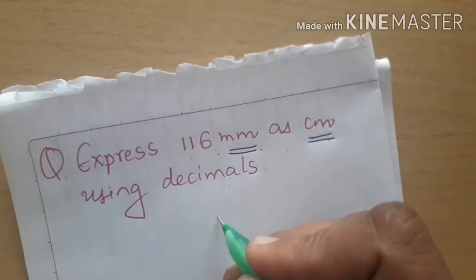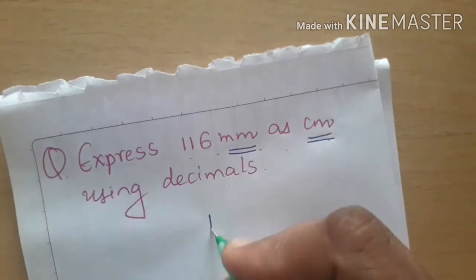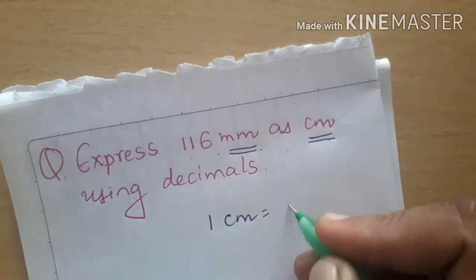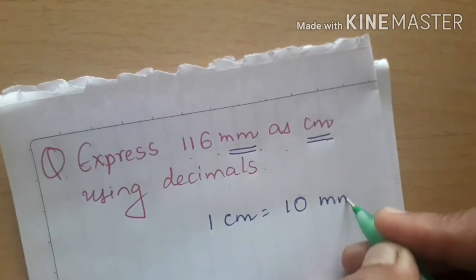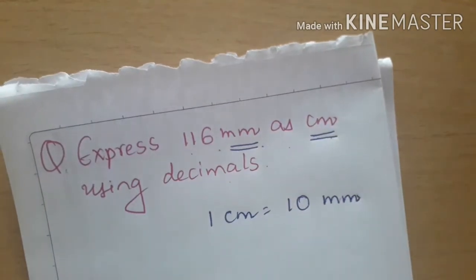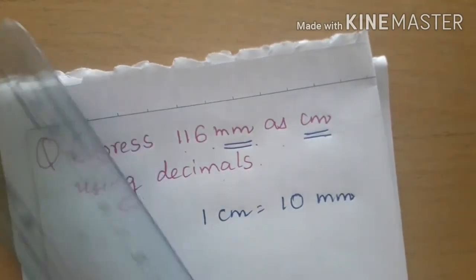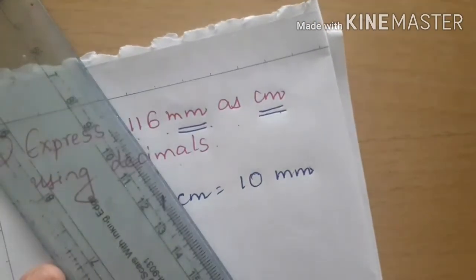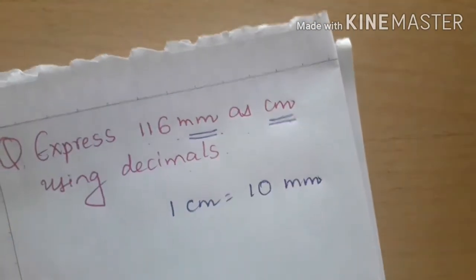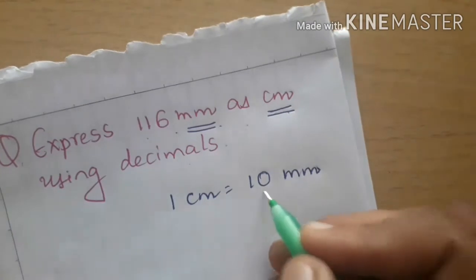I know that 1 centimeter is equal to 10 millimeter. Okay, in this scale you have seen the scale which you use. So here 1 centimeter is 10 millimeter.